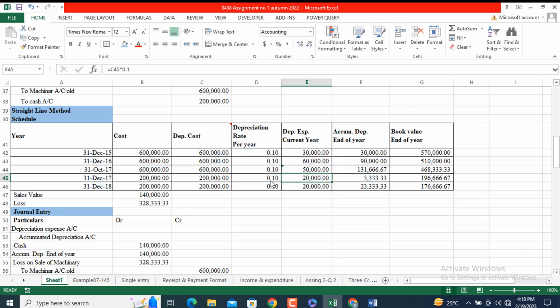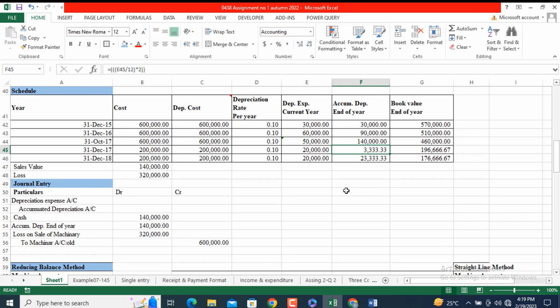So 50,000, and 50,000 is going to be added here, 90,000 plus this 50,000, and this is 140,000. So accumulated depreciation 140,000, and here is the book value of the asset at the end of the year under the straight line method, 460,000.